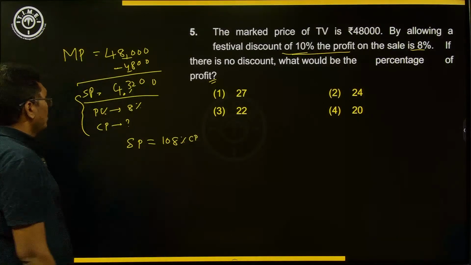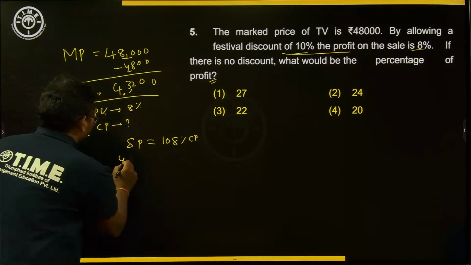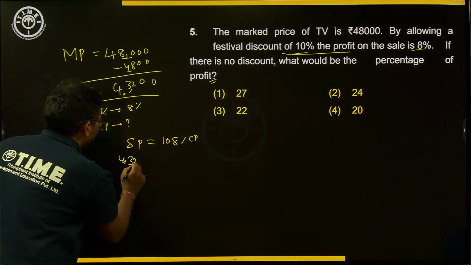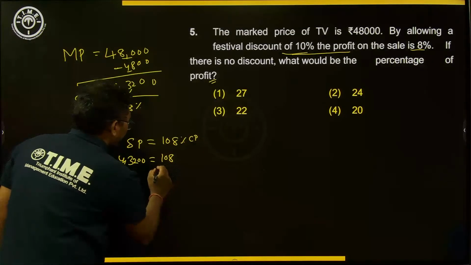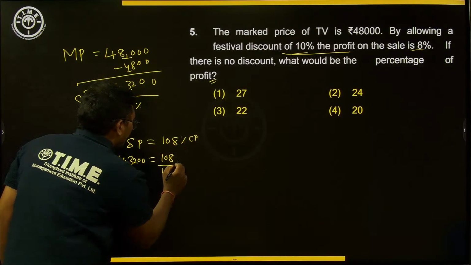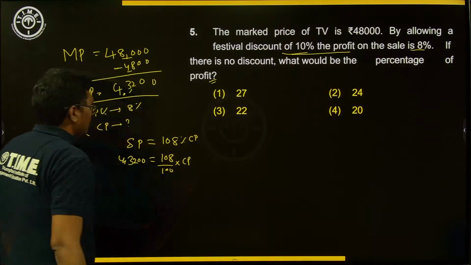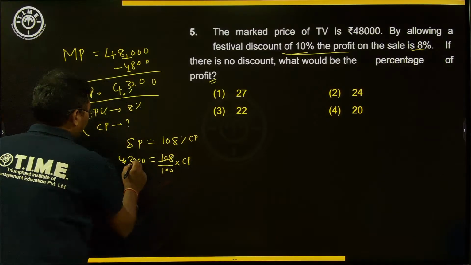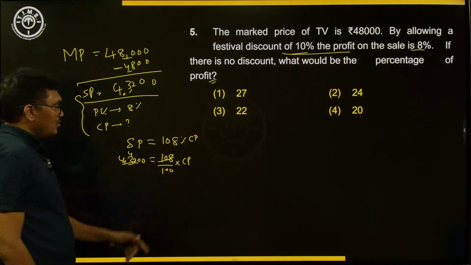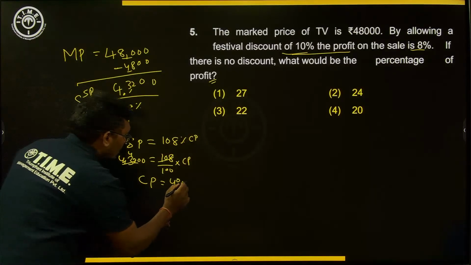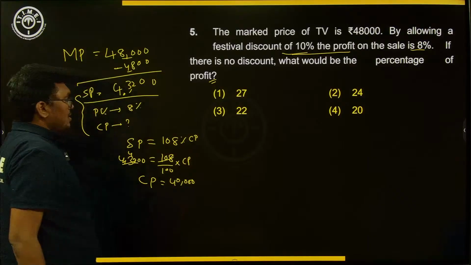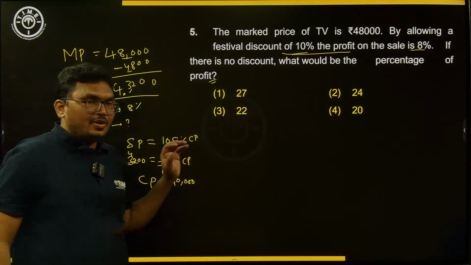So SP is 43,200, equal to 108 by 100 into CP. This is exactly 4 times, so 400 into 100. CP is 40,000. The cost price of the TV is 40,000.